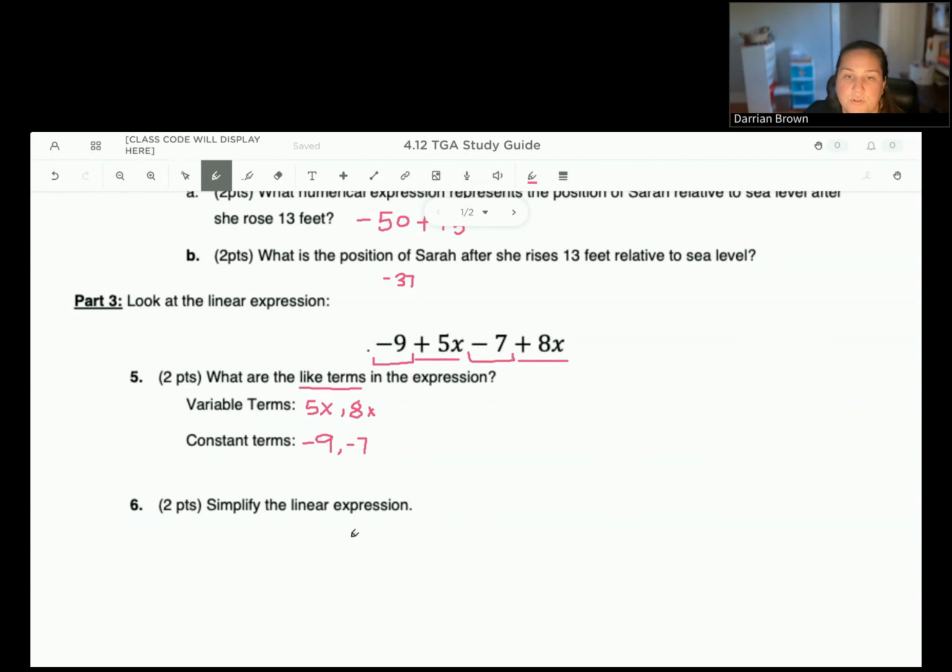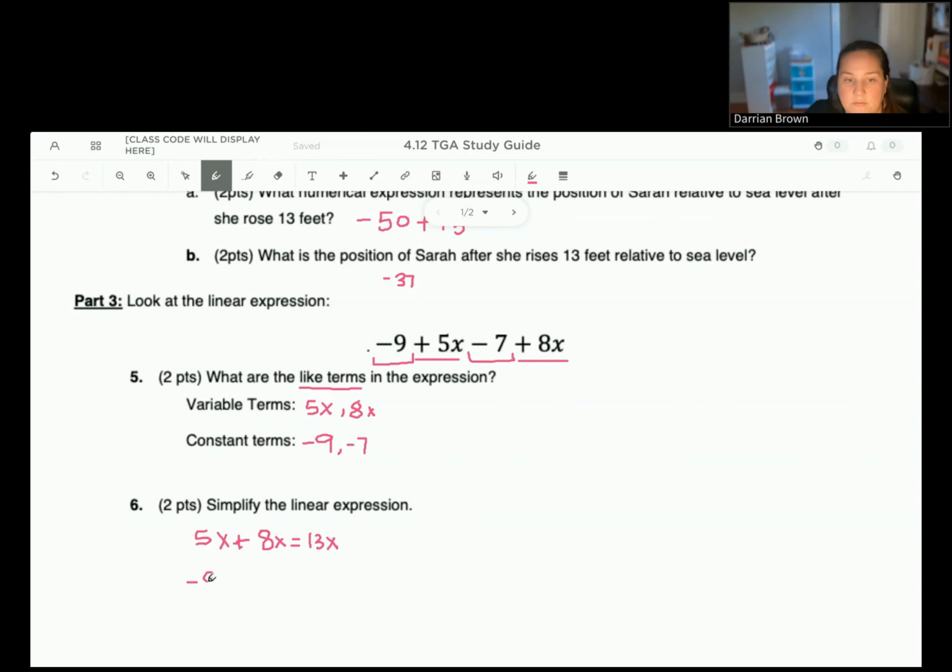And then number 6 wants you to simplify. So basically what you're doing is combining the like terms. So you have 5x plus 8x. Ooh, that was a bad plus sign. So 8 plus 5 gives you 13. Keep the x, so that's 13x. Then we need to combine the constant terms.